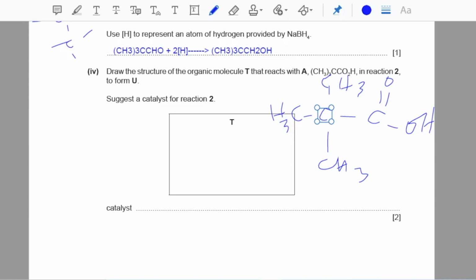And U has a structural formula of, this is CH3. This is the ester linkage.